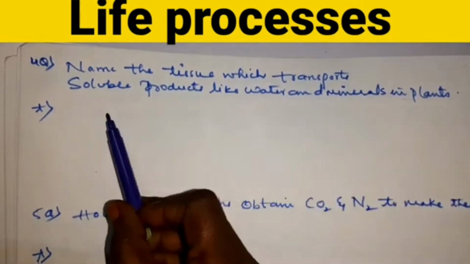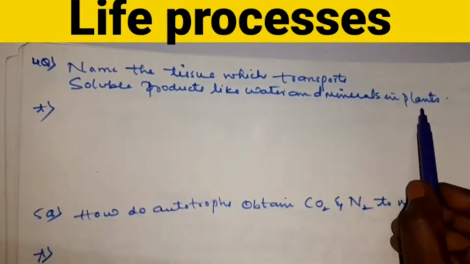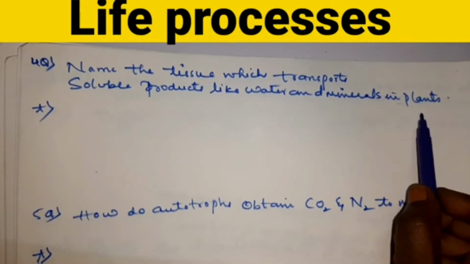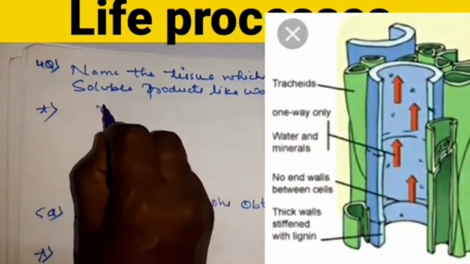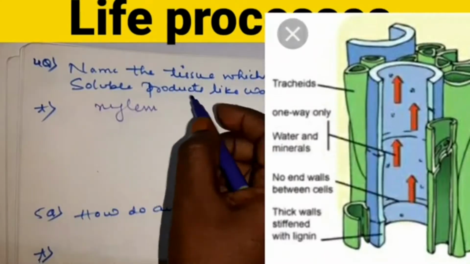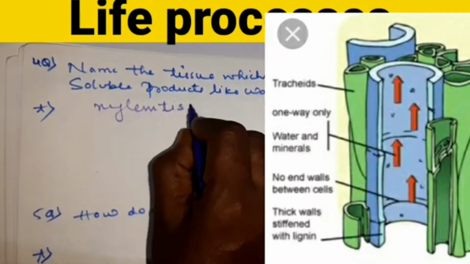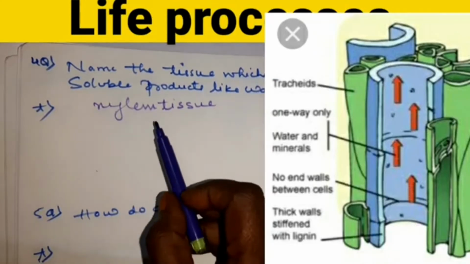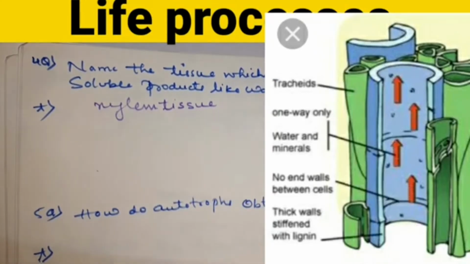The next question is, name the tissue which transports water and minerals in plants. This is water and mineral salts, that is xylem tissue. Xylem tissue helps in transportation of soluble products like water and mineral salts.